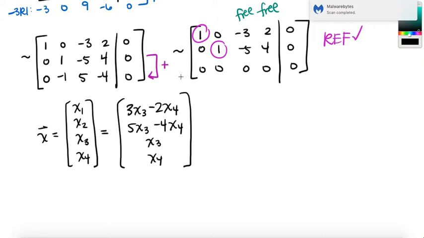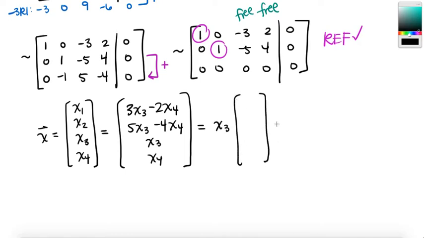Okay, so now we want to convert this to parametric vector form and separate into an x3 column and an x4 column, and also move the variables out front as scalars. So we're going to have an x3 one plus an x4 one.